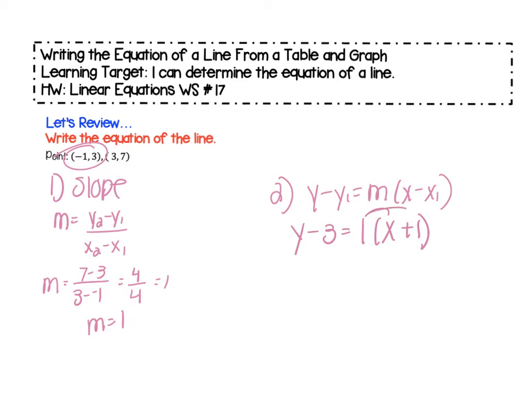Then I'm going to convert to slope-intercept form. So I distribute that 1. I get y minus 3 equals 1x plus 1. I then add 3 on both sides. And so I get y equals 1x plus 4 as my equation.